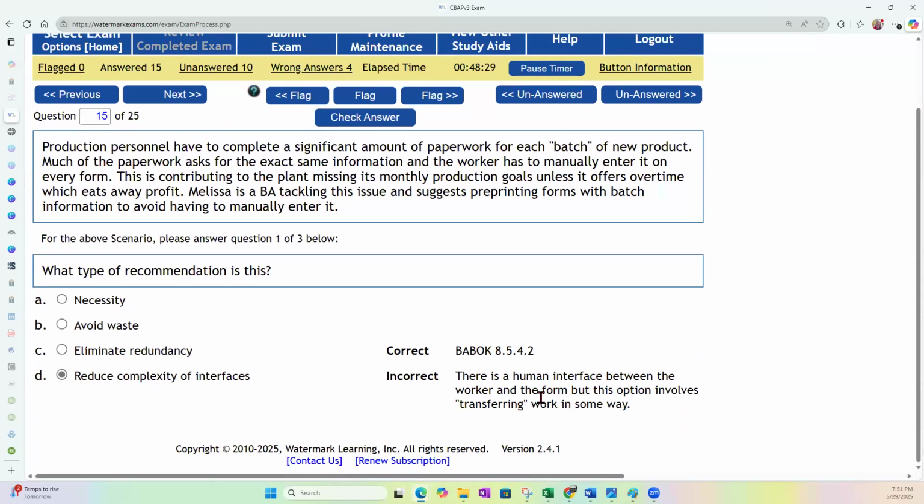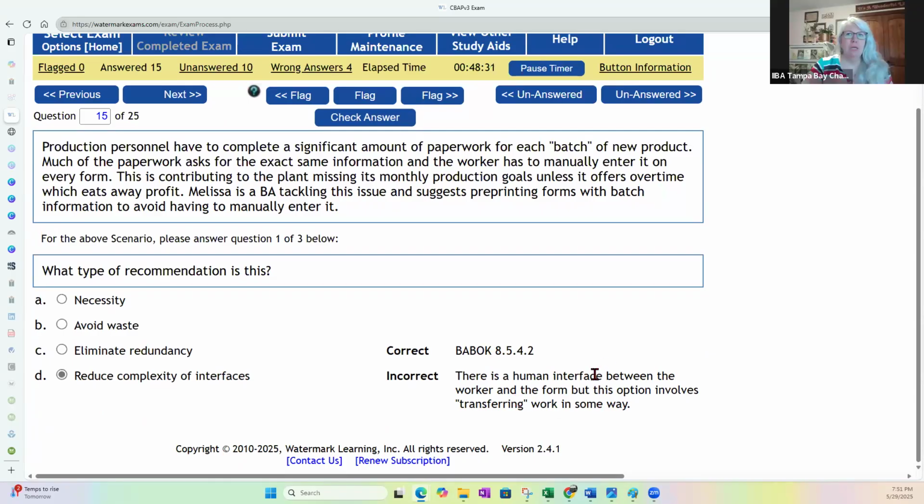Yes. Okay. This is the human interface between the worker and the form, but this option involves transferring work in some way. This one would be correct. Eliminate redundancy. So we're eliminating them having to do the same thing over and over. Any questions on that one?